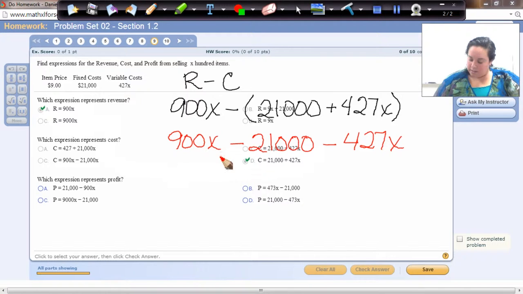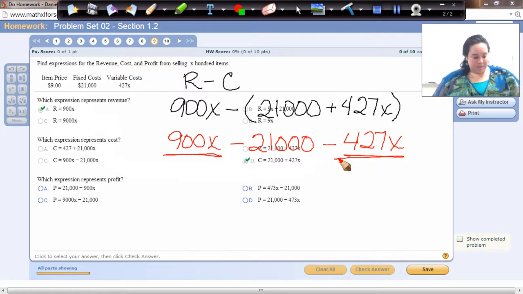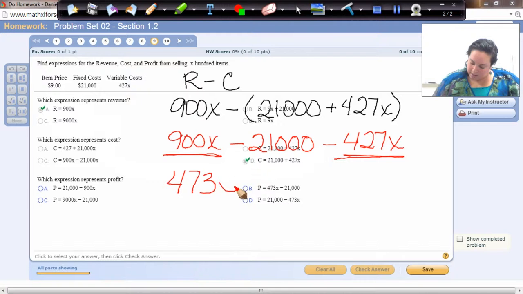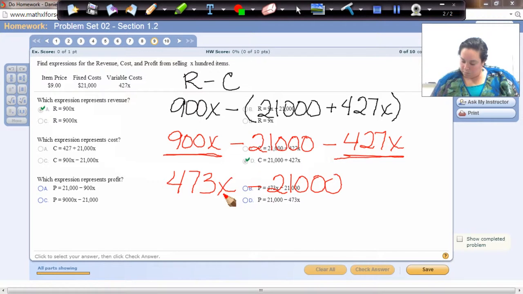And we have some like terms. We have this, we have this. So these are like terms. We can simplify this: 900 minus 427. And so we will get 473x minus 21,000.